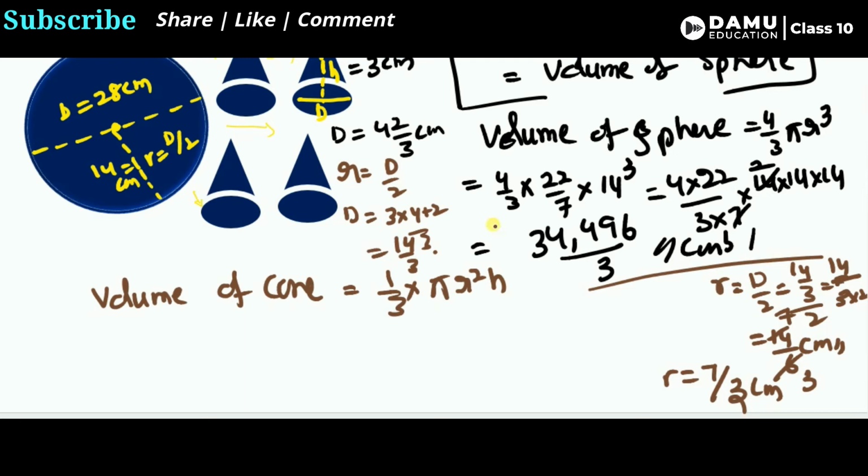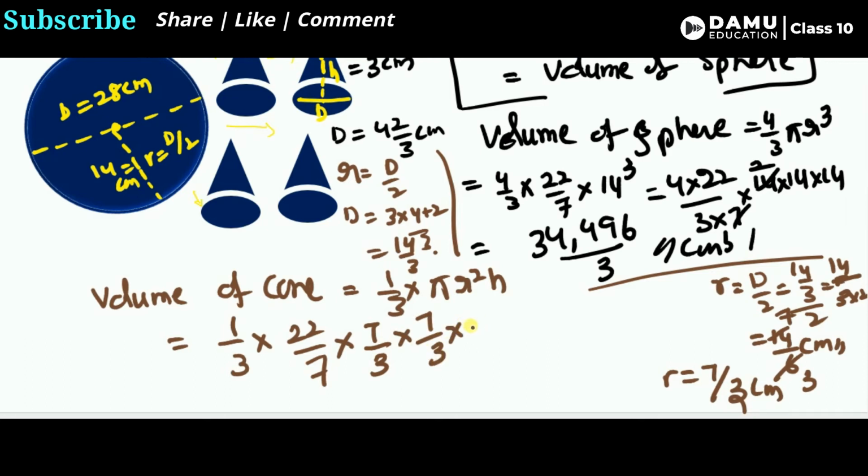So we have calculated that here. Let's move on. Then 1 by 3 into pi, which is 22 by 7, into radius 7 by 3 into 7 by 3, because it is squared. Then the height is also equal to 3. Let's cancel all these values. Here a 7 and here a 7, and the 3s will cancel. So the value is 22 into 7 by 3 into 3.